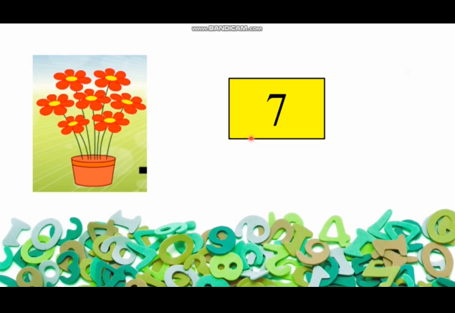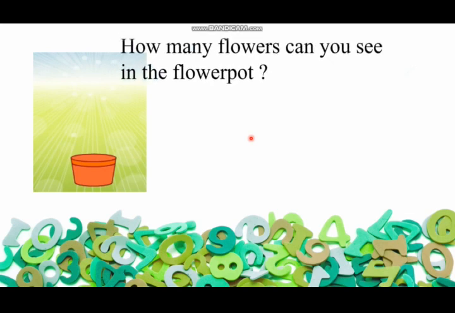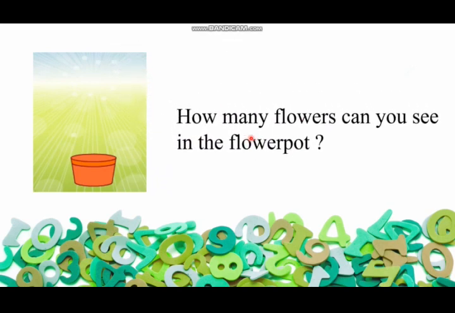Now, the next one. Let us see the picture. Can you tell me how many flowers are there in the flower pot? Quickly tell me. You know how you denote empty things or nothing with a number.